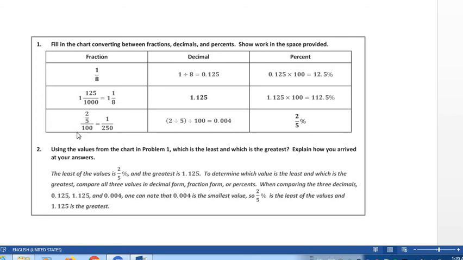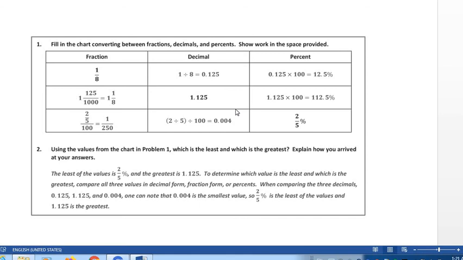I have calculated that it's 0.004. When I convert directly to fraction, it will be 4 over how many decimal places? 1, 2, 3.